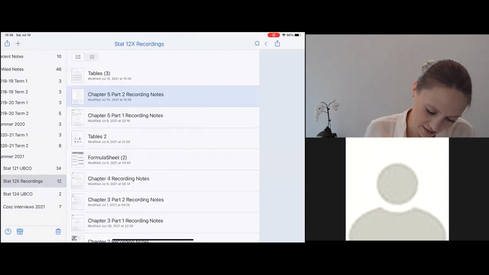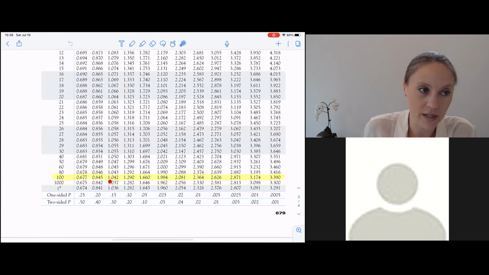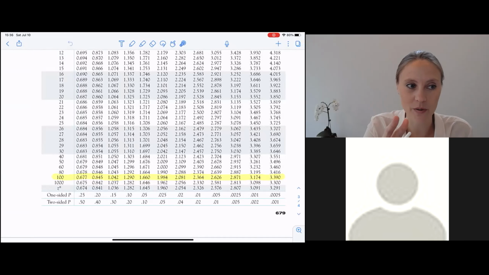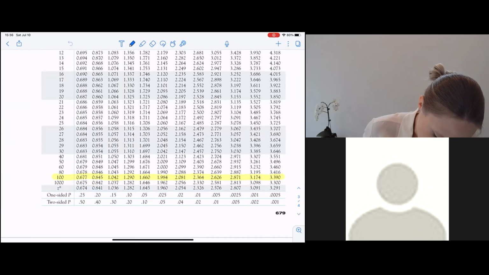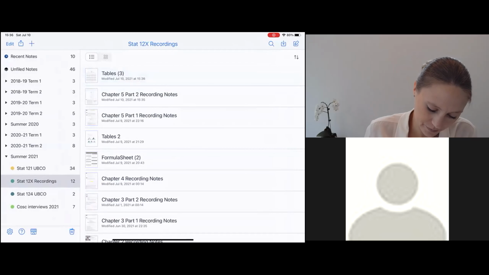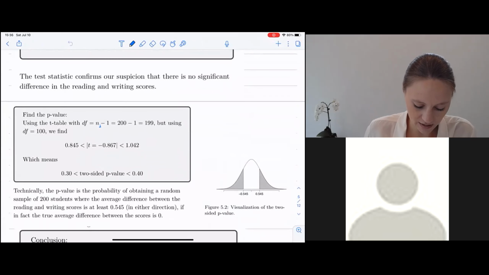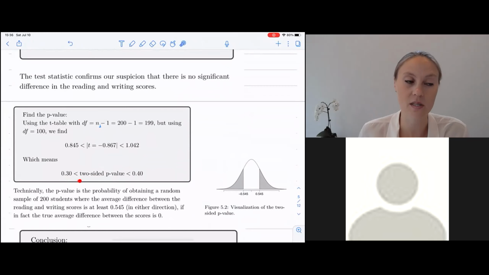And once I take that to the table here, it's somewhere between 0.845 and 1.042. And then I can trace it down from those two values that wrap around my calculated t to find my two-sided p-value. All right. Noticing that you have to list them from right to left. Okay.